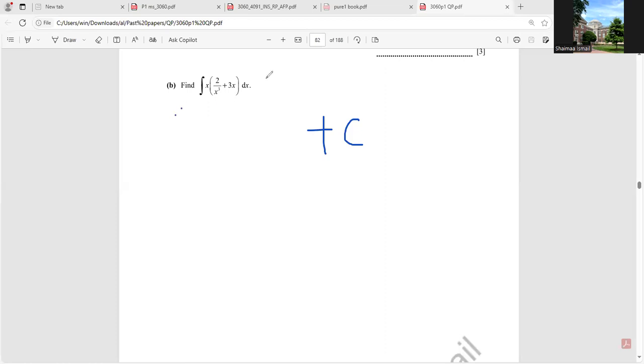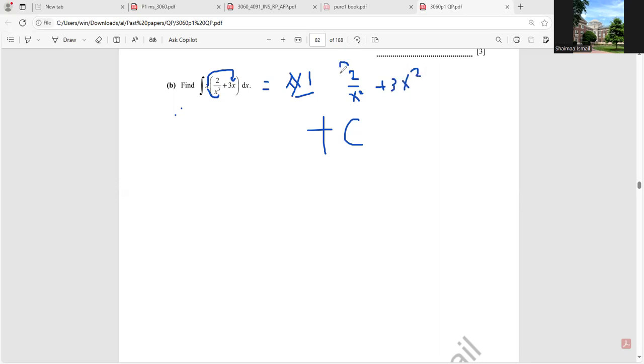First of all, we are going to rewrite it, as step number 1. So x multiplied by 2 over x cubed, so it will be 2 over x squared. Then plus 3x multiplied by x, which is equal to plus 3x squared.